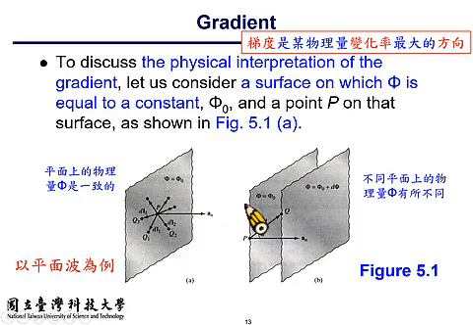To discuss the physical interpretation of the gradient, let's consider a surface on which the function phi is equal to a constant, say phi sub 0, and a point P on the surface as shown in the figure on the left. The interesting thing here is that on this surface, the quantity phi is the same everywhere, which is similar to the so-called plane wave.